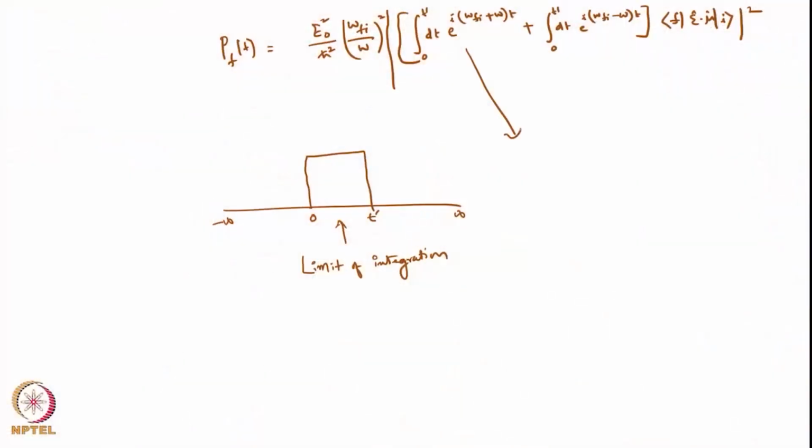If that is non-existent, then without losing any physical concept, this integral can now be written as minus infinity to plus infinity dt e to the power of i omega fi plus omega t, and this integral can be written as integral dt minus infinity to plus infinity e to the power of i omega fi minus omega t. Now this is a case of adding zeros.